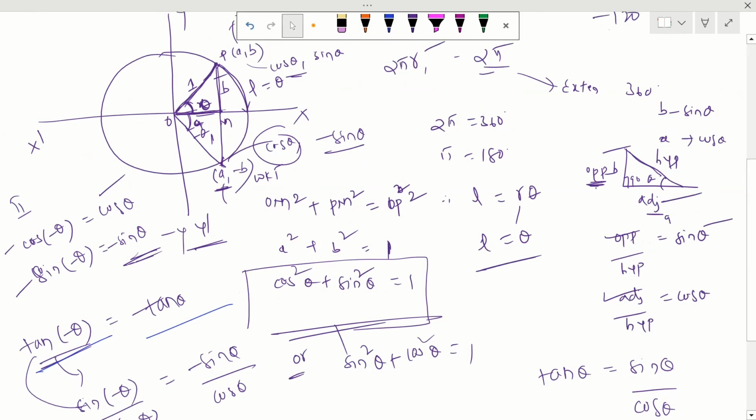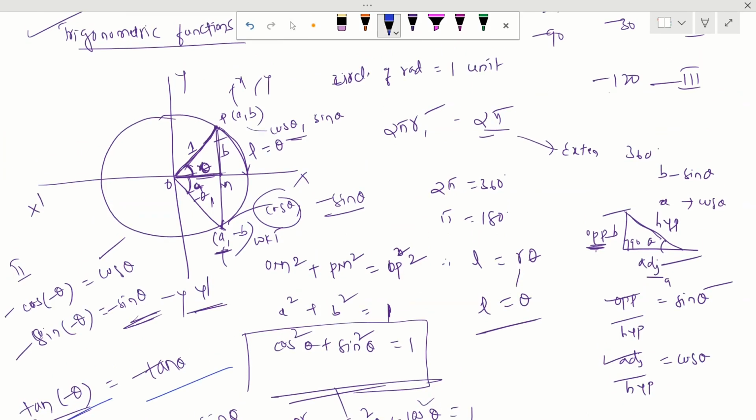Okay, so here this is point A, this is point B, this is point C, and this is point D. Here we have taken the radius of the circle as 1.